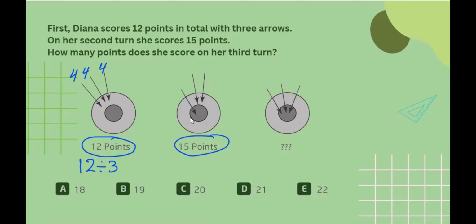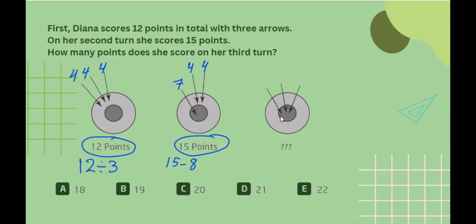So as you see here, we have 2 arrows with 4 and 1 in the middle. So 4 plus 4 equals 8. So what's the remaining to get 15? Yes, it's 7. So the center arrow equals 7. So 15 minus 8 equals 7 to get the value of the center arrow.